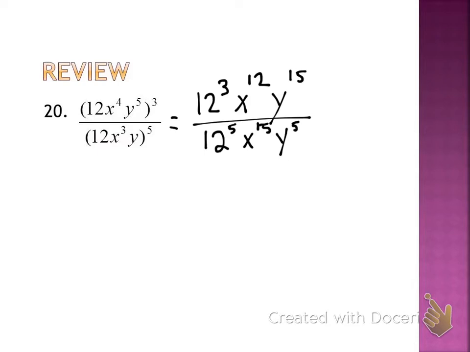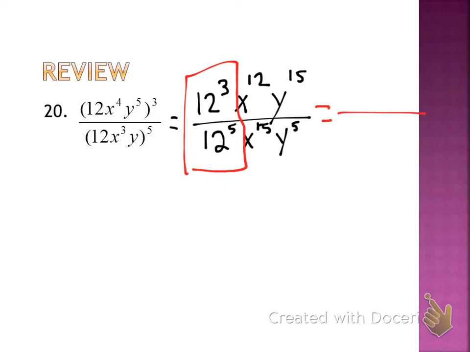Okay, take it piece by piece. Do you see how the 12s have the same base? And I don't want to sit here and do 12 times 12 times 12 times 12 times 12 if I don't have to. So since I noticed that they have the same base, I'm just going to subtract the exponents.